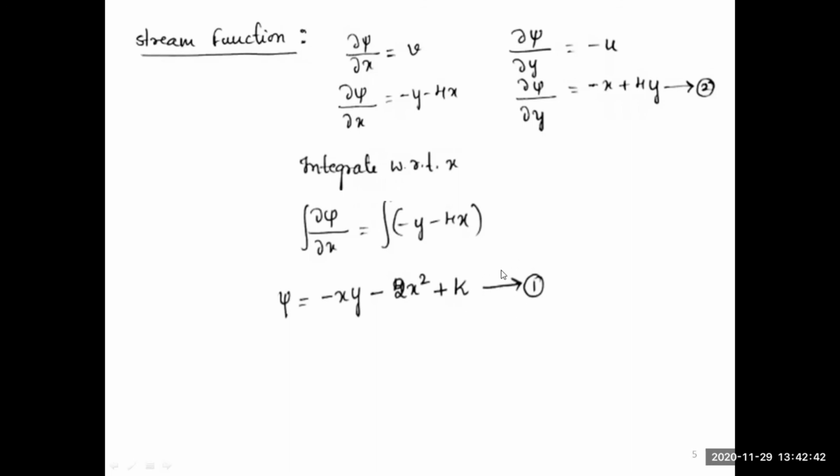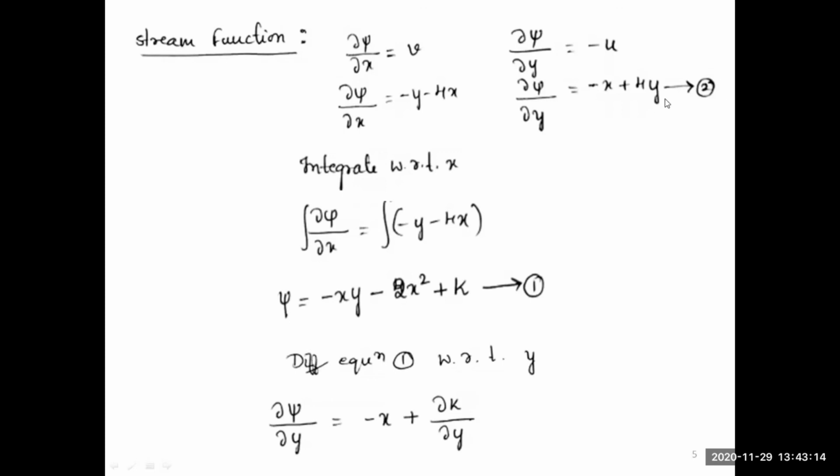Now the second step, after the integration, is to differentiate equation number 1 with respect to y. If you differentiate equation number 1 with respect to y, ∂ψ/∂y is equal to the differentiation of minus xy with respect to y, which is minus x, and minus 2x square with respect to y is 0, and the differentiation of constant k is ∂k/∂y.